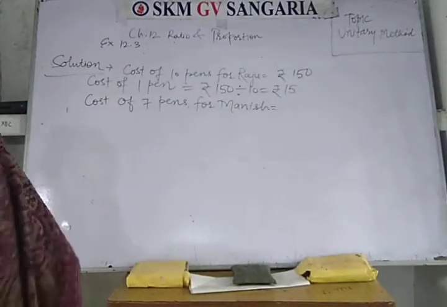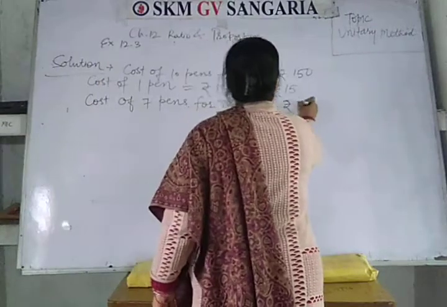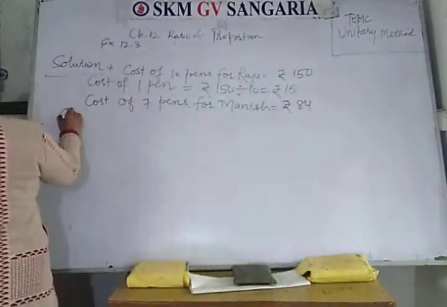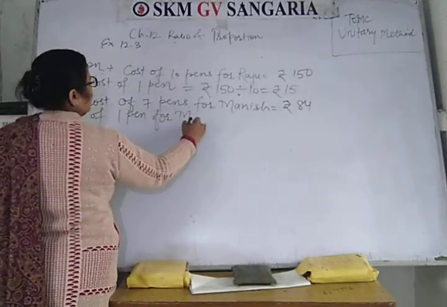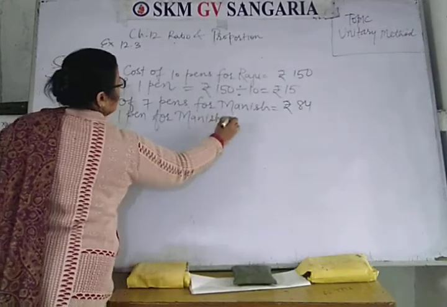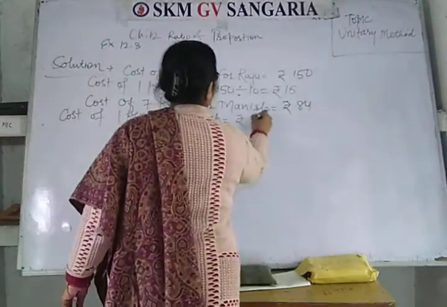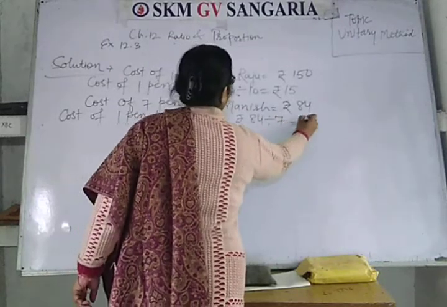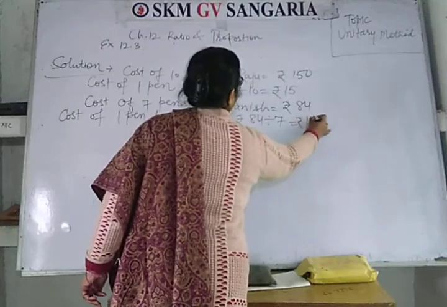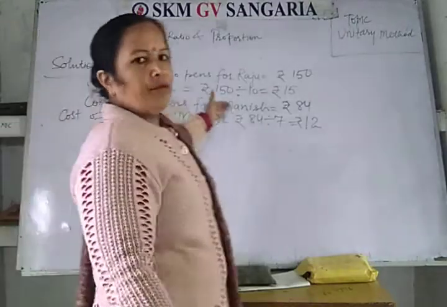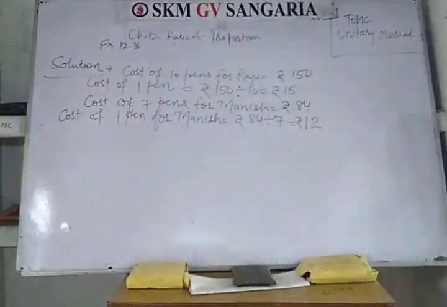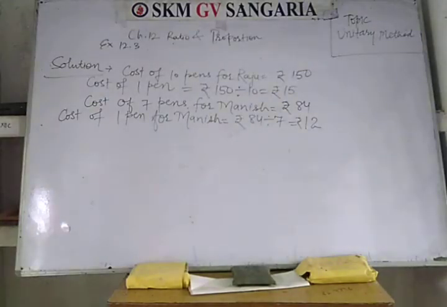So the cost of one pen for Manish is rupees 84 divided by 7. 7 twelves are 84. So the cost of one pen for Raju is rupees 15 and the cost of one pen for Manish is rupees 12.